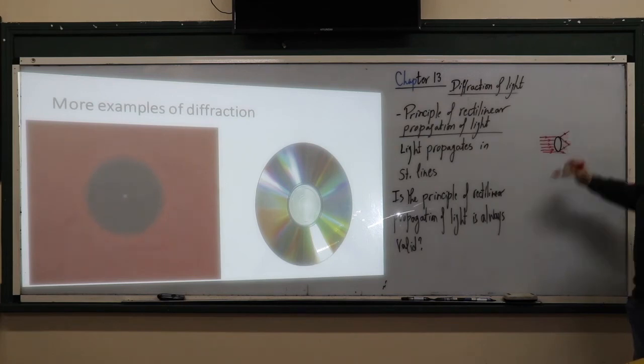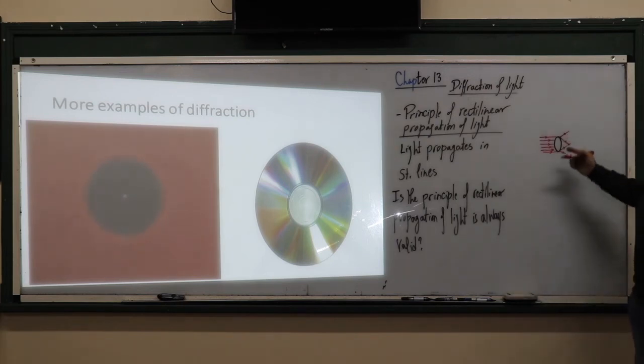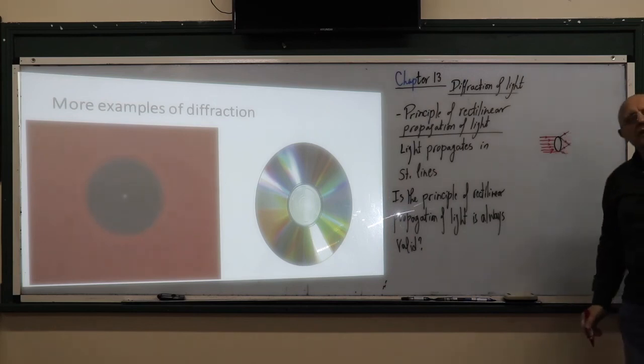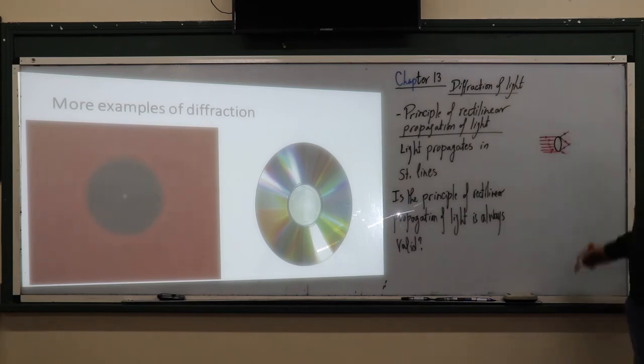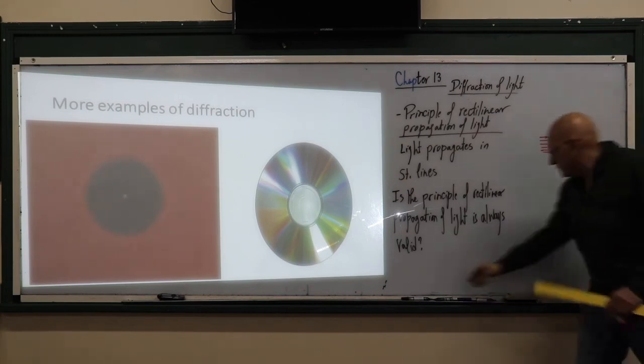And you have an infinite number of beams here, or infinite deviated rays, that form the shadow and the rings.